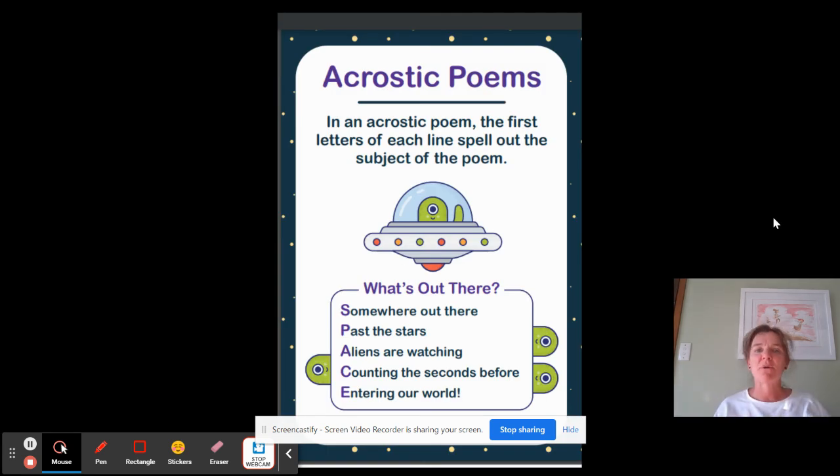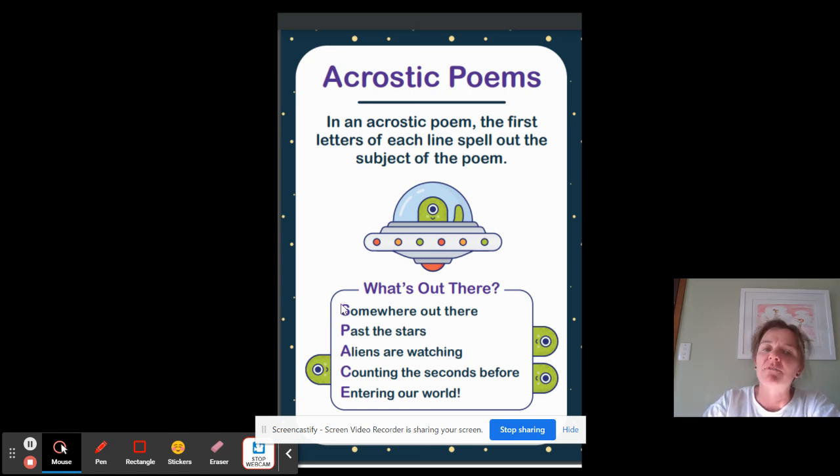Now, an acrostic poem, the first letters of each line spell out the subject. So if I have a look down the bottom, this poem is about space. What's out there? Space. But then every sentence tells us more about space as well.